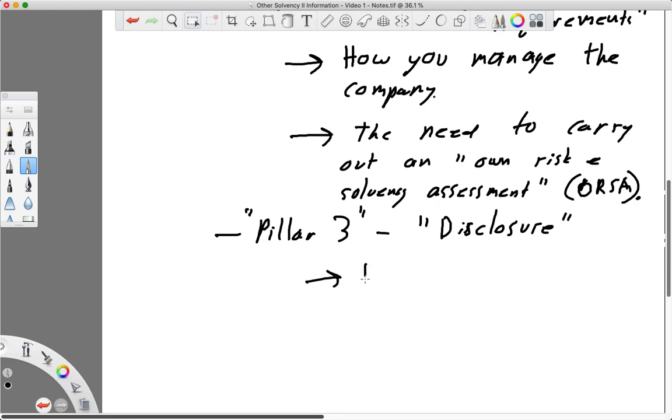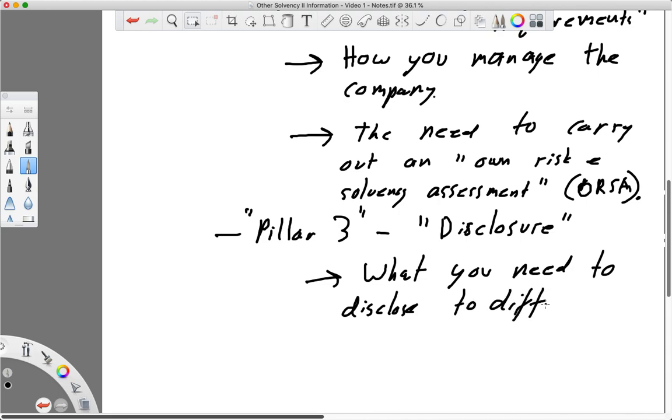So, what you need to disclose to different stakeholders.